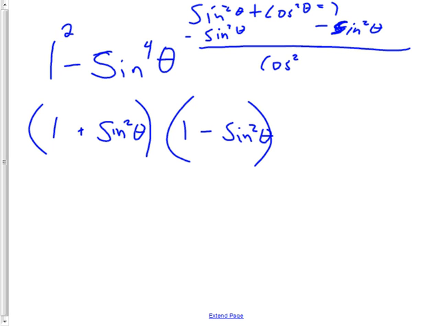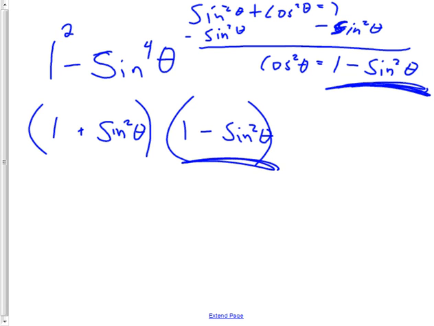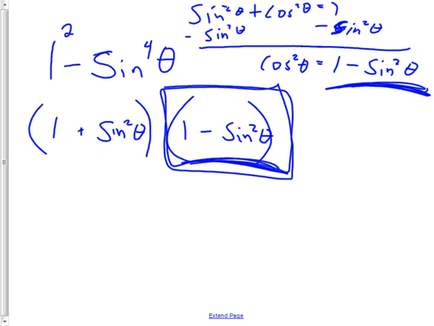Because you want to get cosine squared is equal to 1 minus sine squared. And you see that is right there. So I could replace this right here with what? Cosine. See? Right there. So now I can replace that with a cosine. That's what this is all about, trying to simplify things down farther and farther.